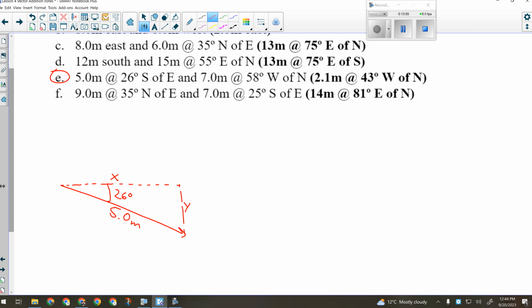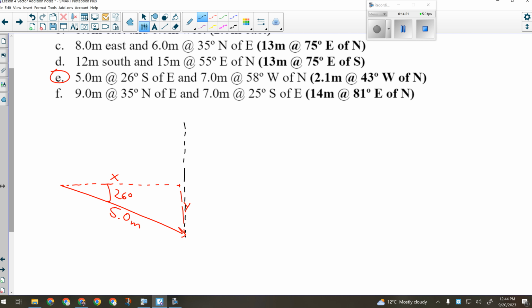Right, so it is west of north, so I need to draw a vector here that is due north. Okay, and what I do if I've got one that I know is going to do a lot of backtracking, what I'll kind of do is calculate maybe what the two that are backtracking each other are before I start, so that I have an idea of where to put that other vector.